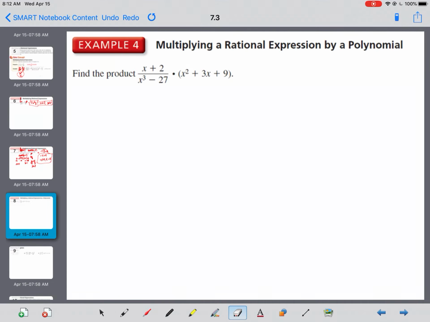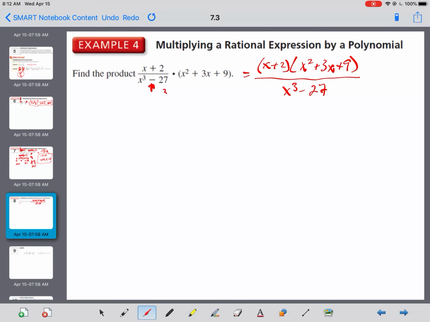Oh, I got it. So since we can't factor it, we can at least put them together: x plus 2 times x squared plus 3x plus 9 over x to the third minus 27.